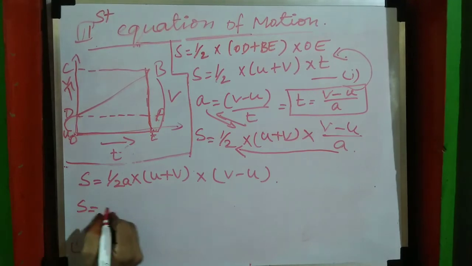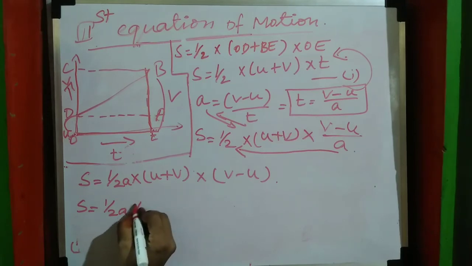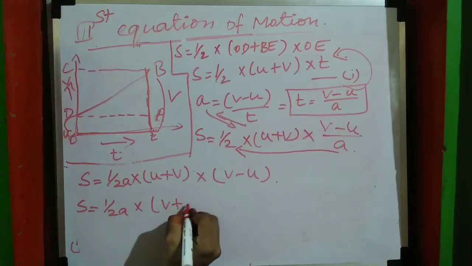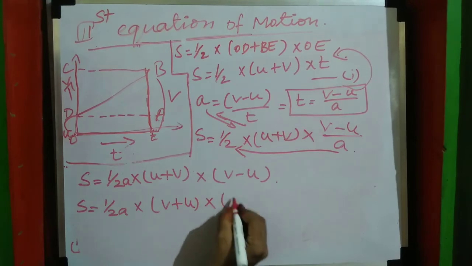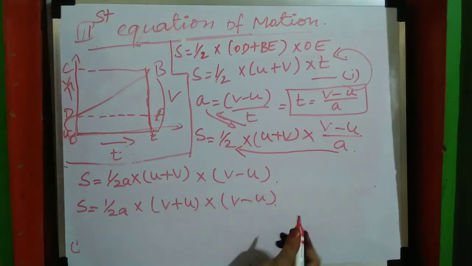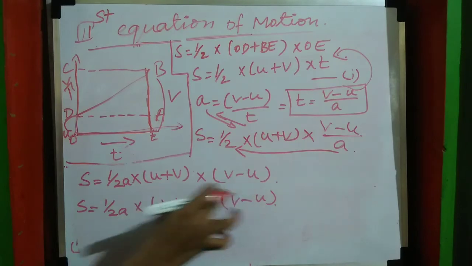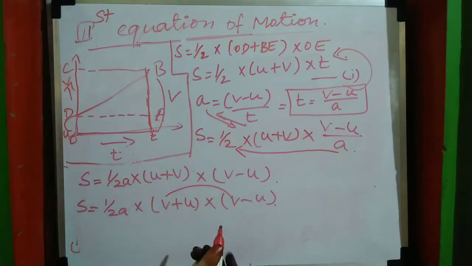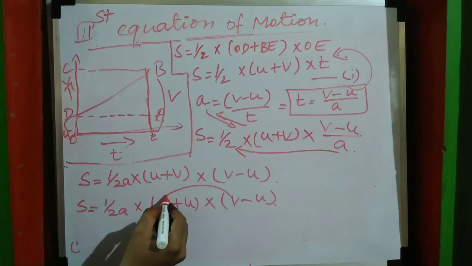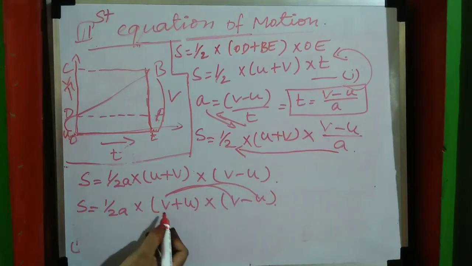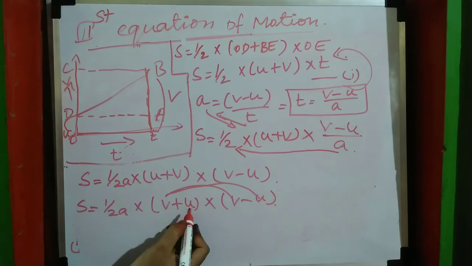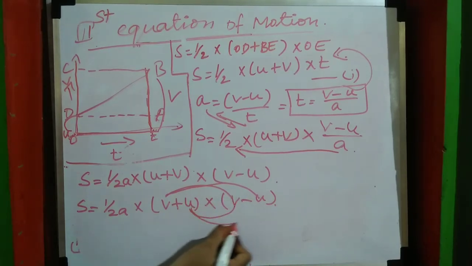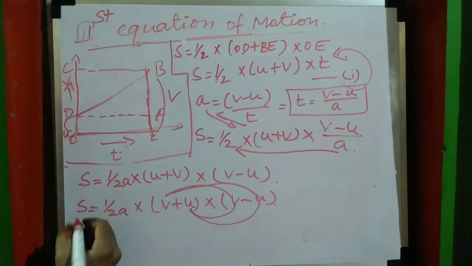S is equal to 1 by 2a into v plus u into v minus u. Multiply these two values: v into v, v square; v into minus u, minus vu; u into v, uv; and u into minus u, minus u square.